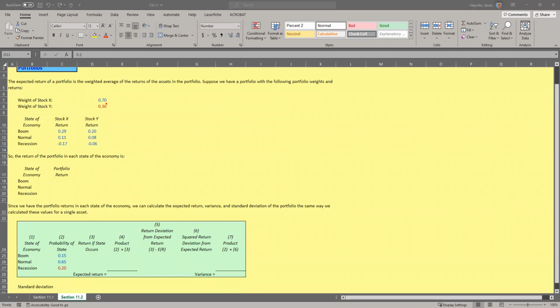So our first calculation is going to be the portfolio return on each state of the economy. If there's a boom, what we're going to do is a weighted average of the returns of each stock under that economic situation.